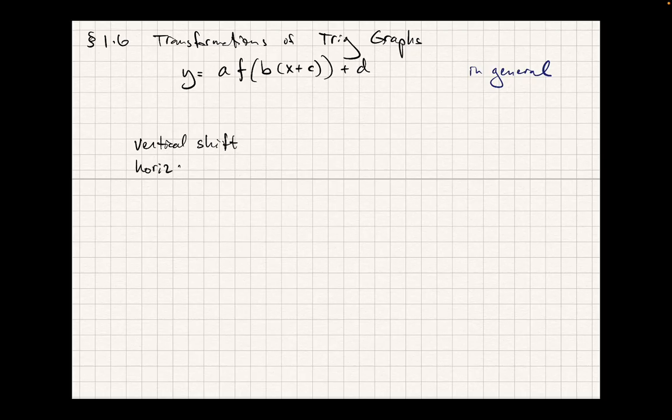D is a vertical shift. One is a horizontal stretch or shrink, and one is a vertical stretch or shrink. Let's match them up.